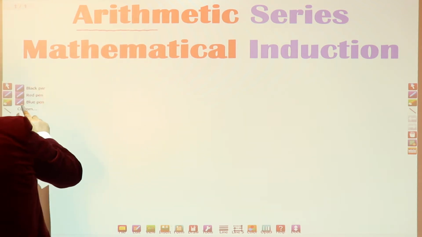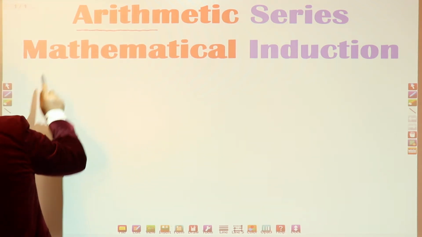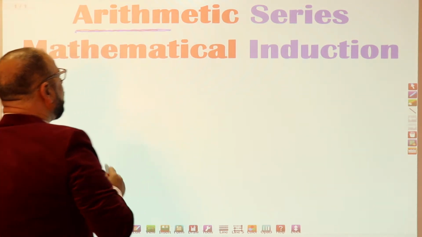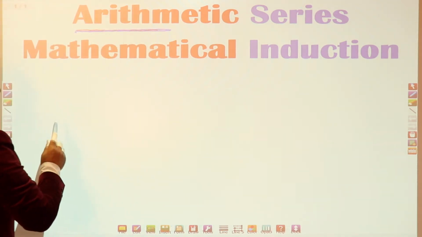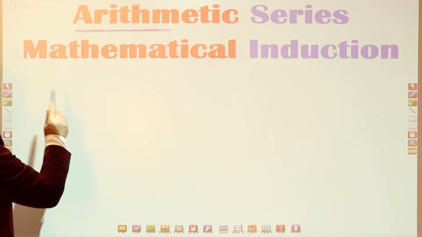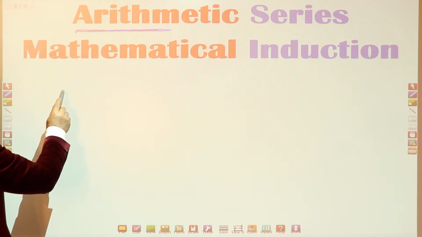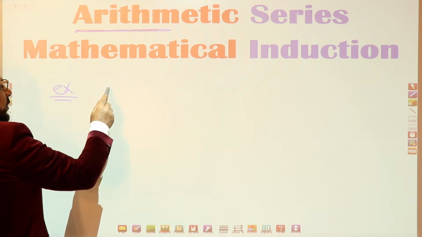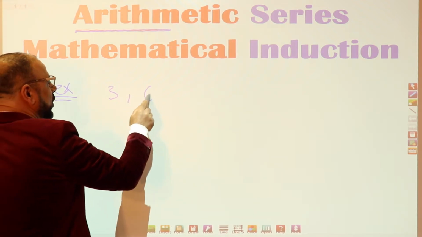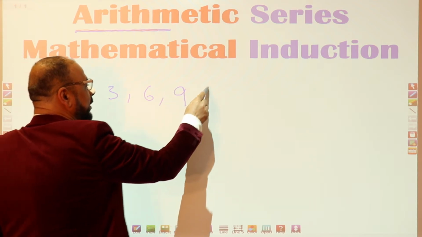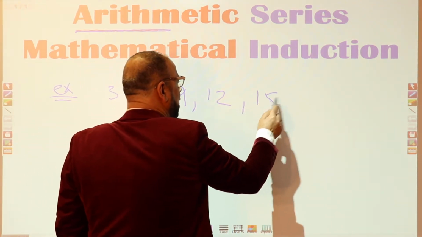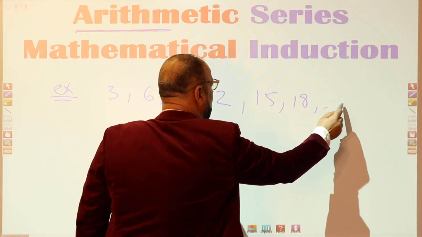Arithmetic sequence. An arithmetic sequence is some numbers that have the same difference between them. For example: 3, 6, 9, 12, 15, 18, and you keep it going.